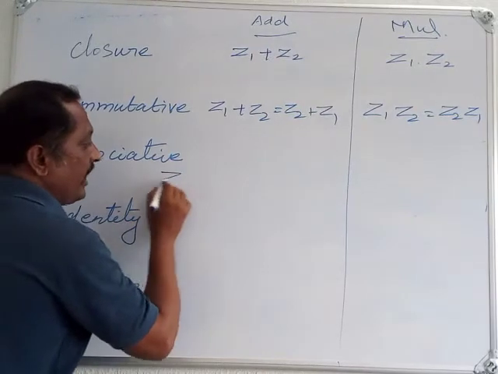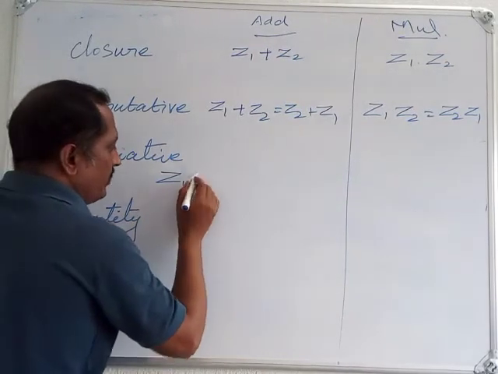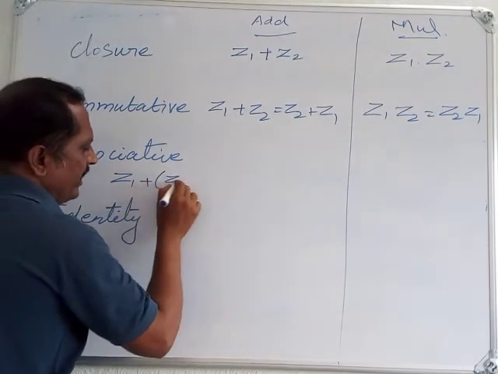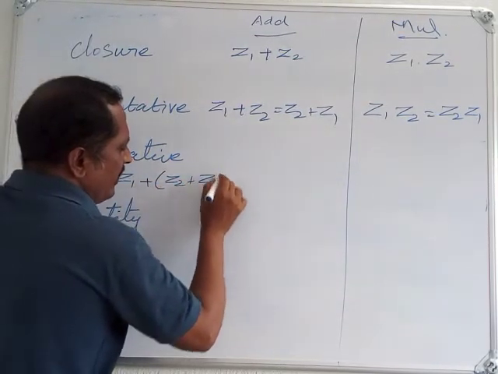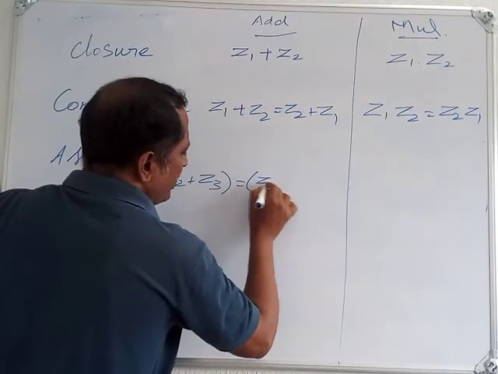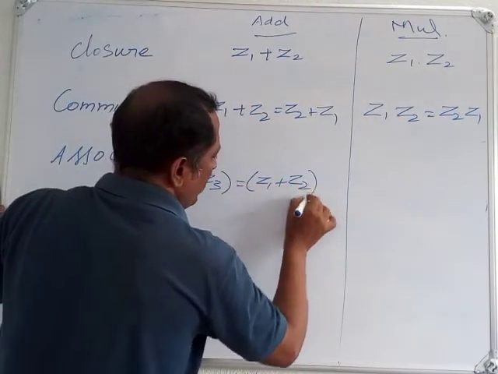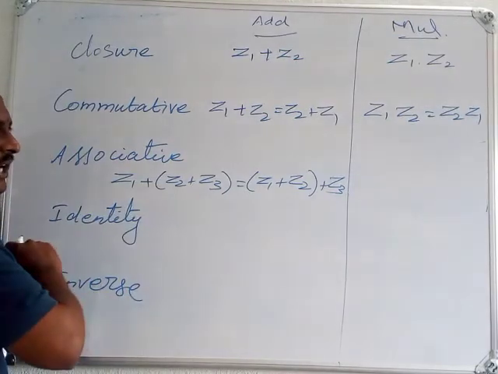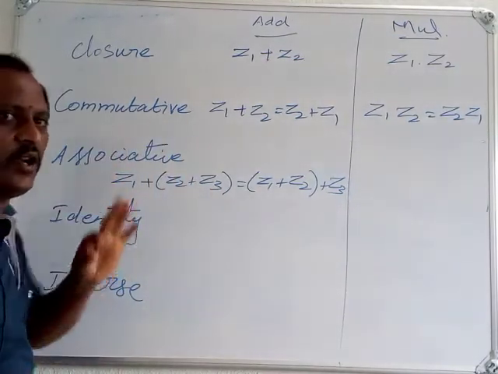Associative na, three numbers are required. So that is z1 plus bracket z2 plus z3, which is equal to, we have to interchange the brackets, z1 plus z2 plus z3. This is the associative law. We have to choose three complex numbers.